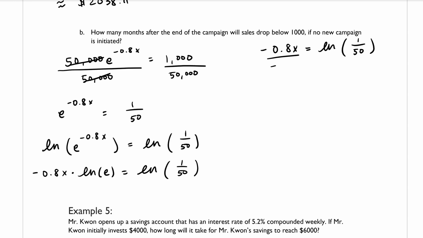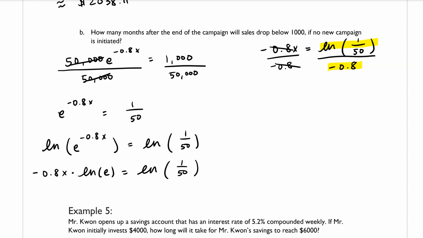If I divide by negative 0.8 on both sides, now x is a number of months. And so if our numerator ends up being a positive number and we just divided by a negative number, that's not going to make sense. We need it to be positive. So what that says is that the natural log of 1 over 50 has to be a negative number, which it will be.